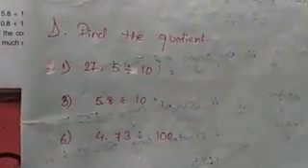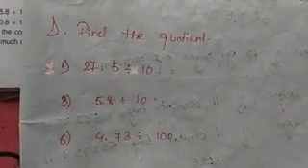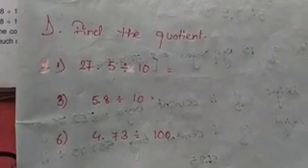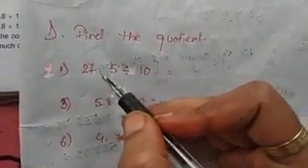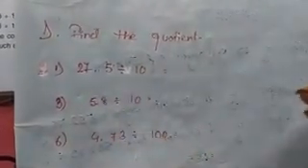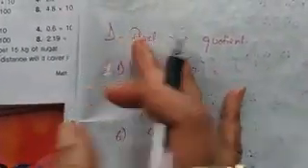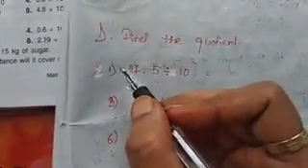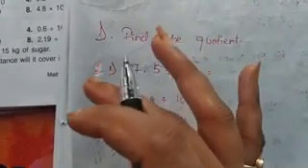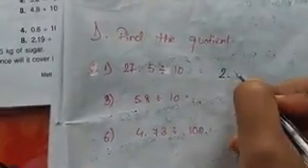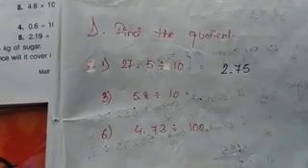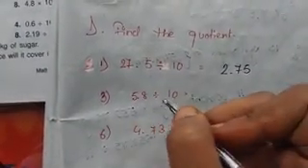Now find the quotient. Number 1, 27.5 when divided by 10, we have to move the decimal point one place to the left in the dividend. So 2.75. Here 5.8 divided by 10.